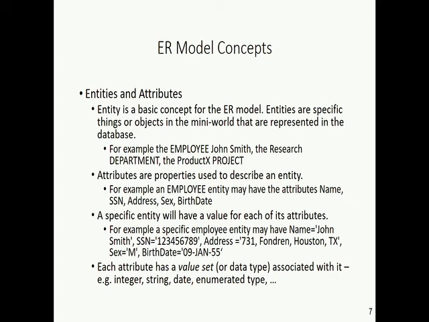We have values for each one of the attributes. So again, when we talk about the behavior or the state, this is the data that we actually have. John Smith has a specific social security number, a specific address, specific sex, and a specific birth date that we have associated with them.